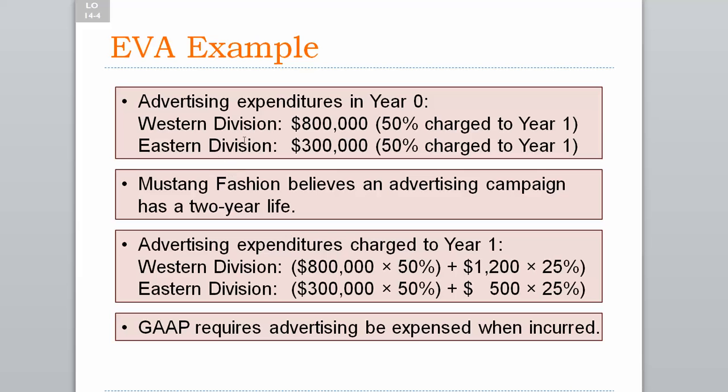Now we need to look at historical advertising expenditures. We are told that the Western Division last year, in year 0, spent $800,000 on advertising, and that we think our advertising will have a 2-year life. So let's go ahead and look at our amortization schedule for our advertising cost and our net book value for our advertising cost.